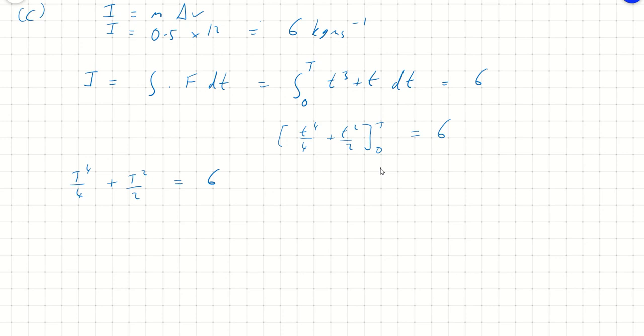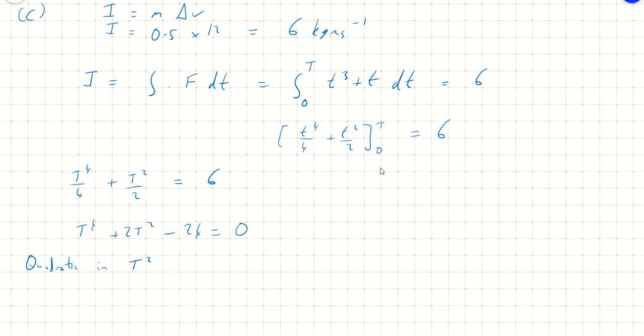So how do we solve this to find what capital T is? Well, let's rearrange it and multiply through by 4. We get T to the 4 plus 2T squared minus 24 equals 0. Rearranged and multiplied everything by 4. Now this is a quadratic in capital T squared.